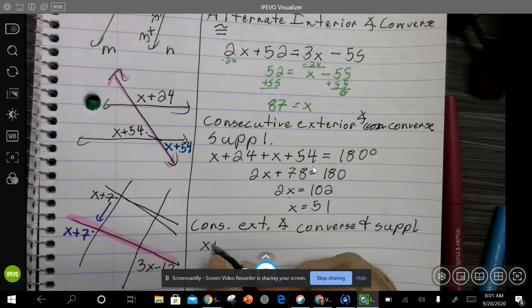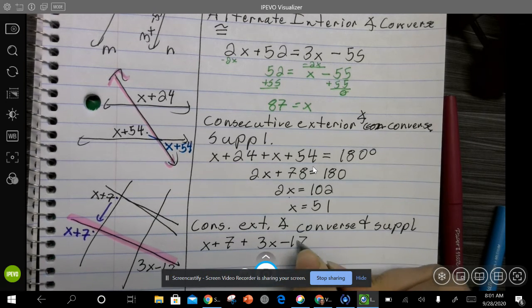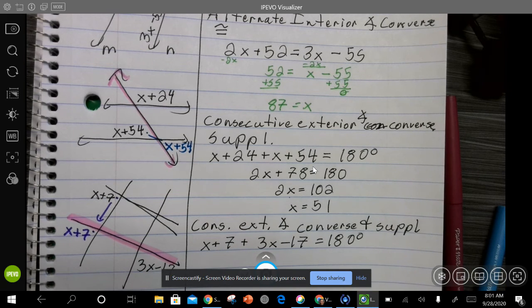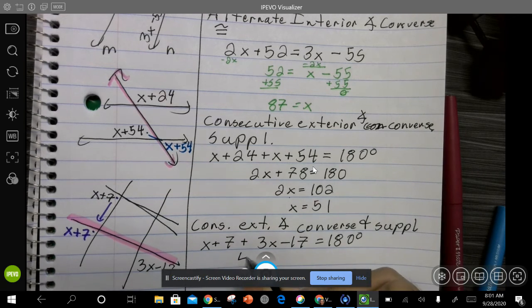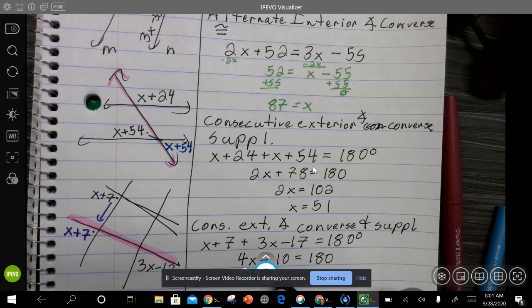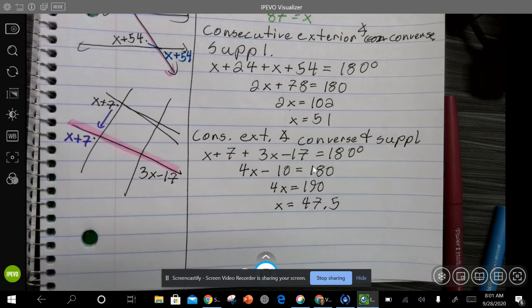So we'll go x plus 7 plus 3x minus 17 is equal to 180. So we're going to get 4x minus 10 is equal to 180. Add 10 to each side. 190 divided by 4 is 47.5. So everybody can use decimals.